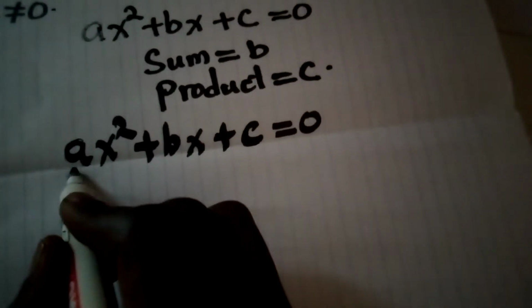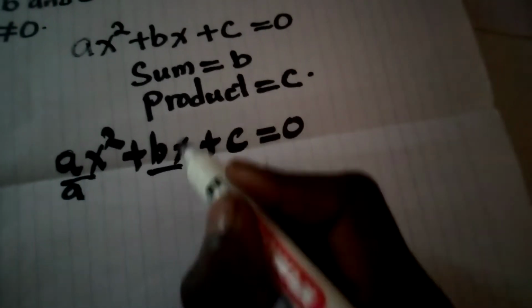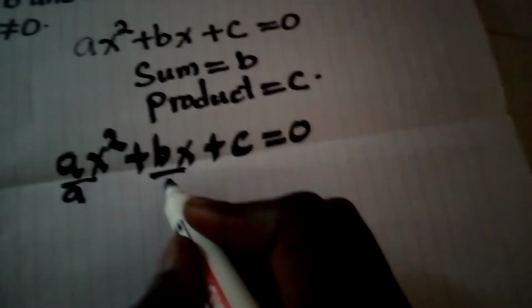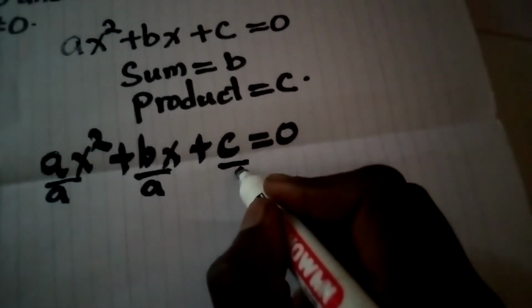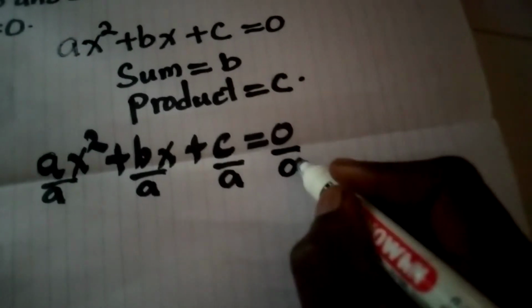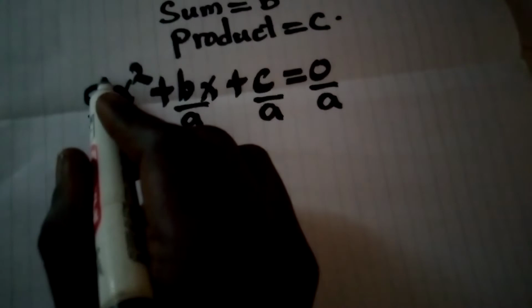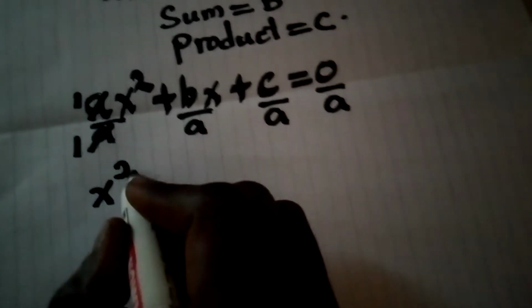So we shall have a divided by a, then b divided by a, then c divided by a, and then 0 divided by a.